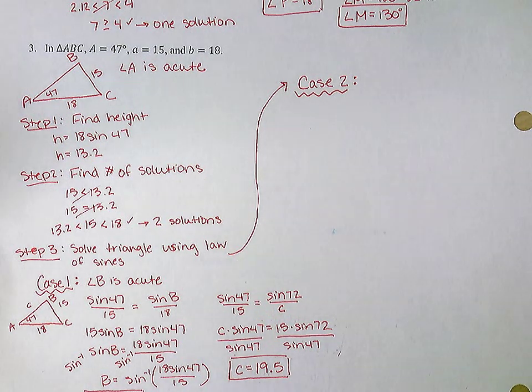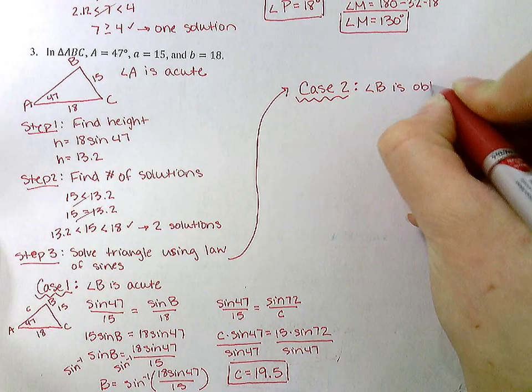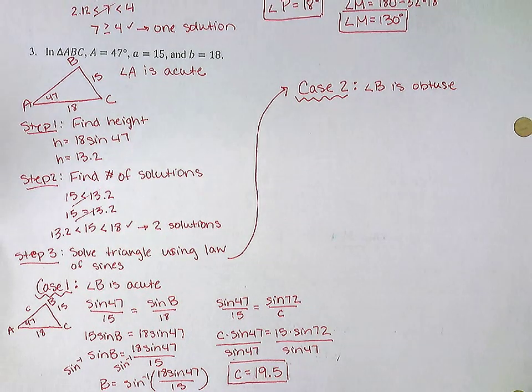Okay, so case 2, this is where angle B is going to be obtuse instead of acute, so greater than 90.